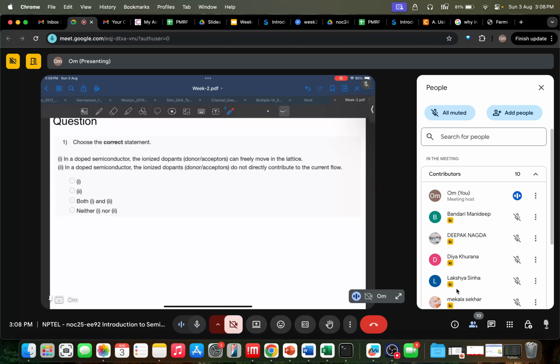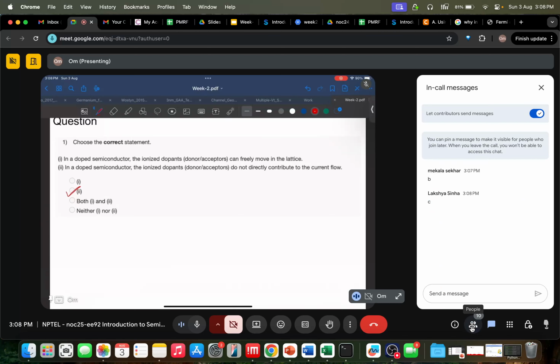Okay, so second is correct. That's true. Lakshay is saying both one and two are correct.